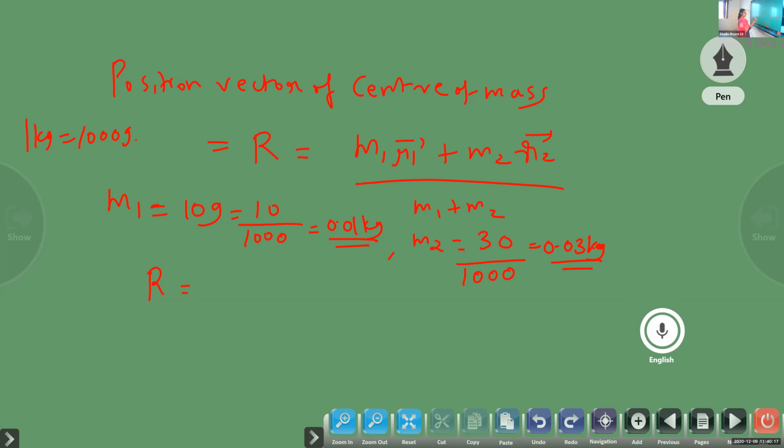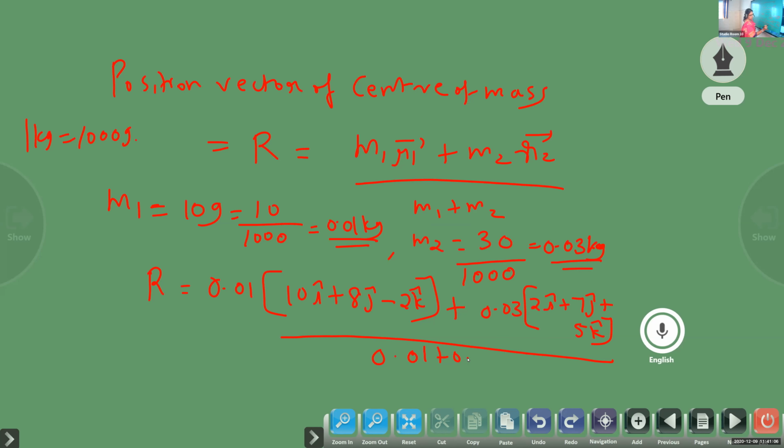M1 is equal to 0.01 into, write the corresponding position vectors like that, so 10i cap plus 8j cap minus 2k cap, plus 0.03 into the second position vector given in the question, that is 2i plus 7j plus 5k, divided by 0.01 plus 0.03, which is 0.04.